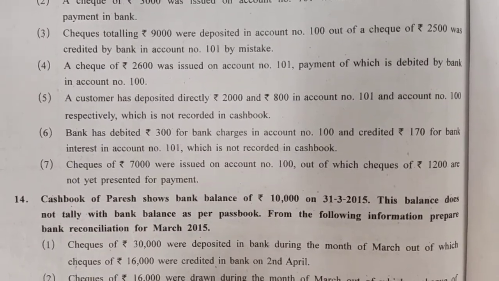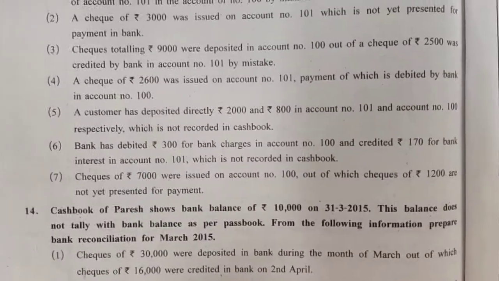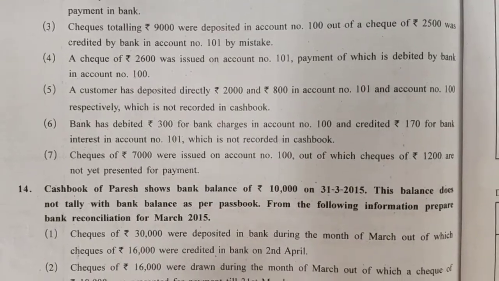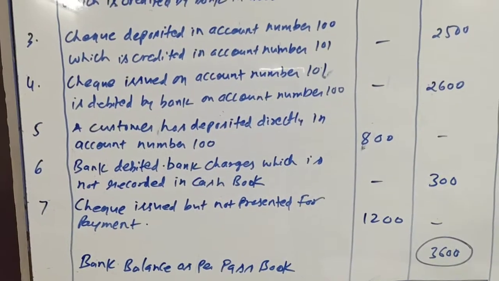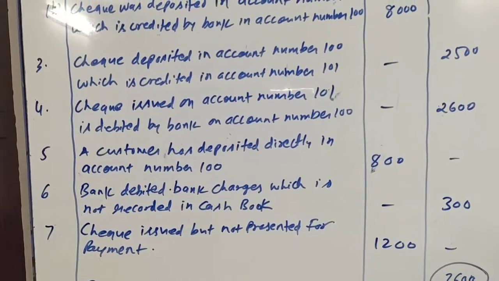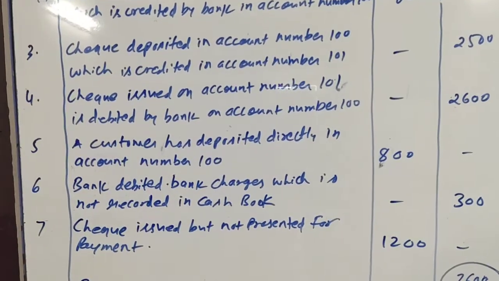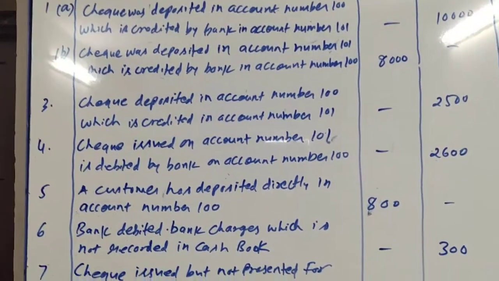And in account number 100, the customer has deposited rupees 800. So this will be debited in our BRS, as it has not been debited in the cash book. So here it is. A customer has deposited directly in bank in account number 100, rupees 800. Fifth point. Okay, so debit side of our BRS. Right.